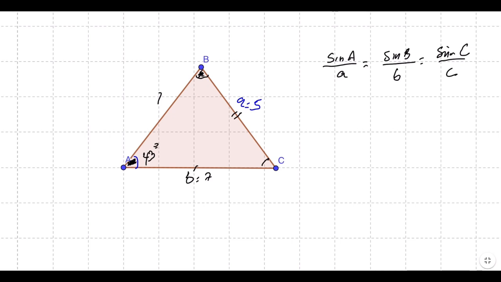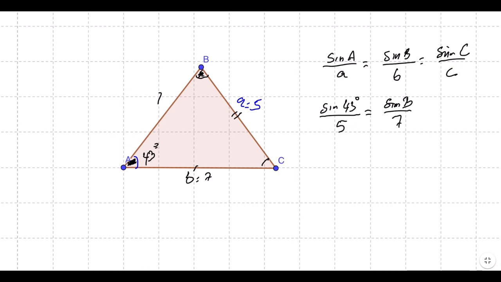We can do that by applying the Sine Law. So the sine of 43 degrees over 5, which is a, is equal to the sine of B over the length of b, which is 7.